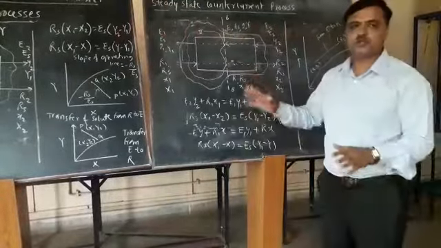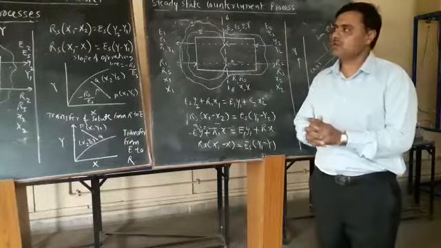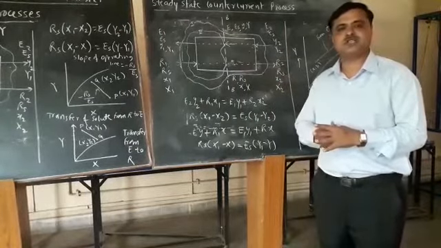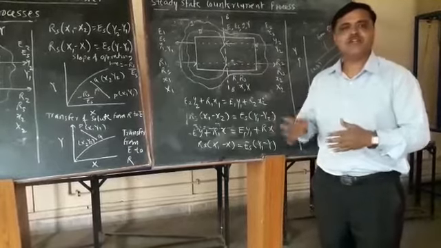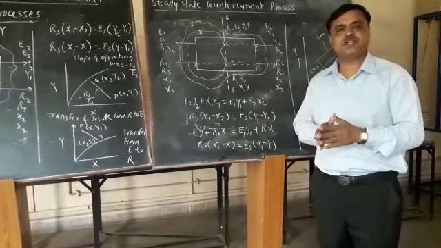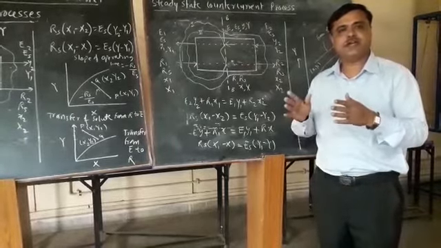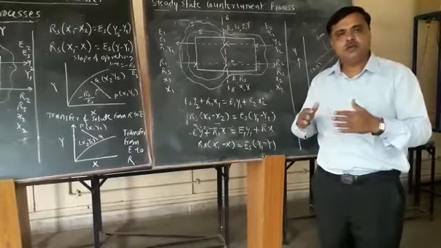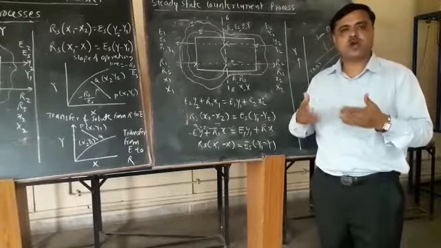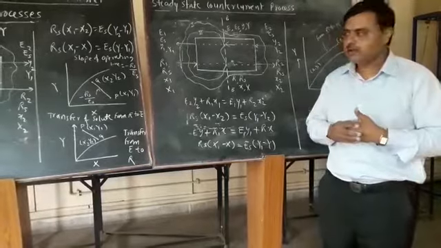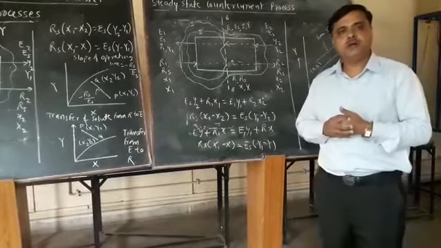Why is this useful for the material balance in the mass transfer subject? Whether it is absorption, distillation or adsorption, whatever the mass transfer operation, you have to study the material balance.